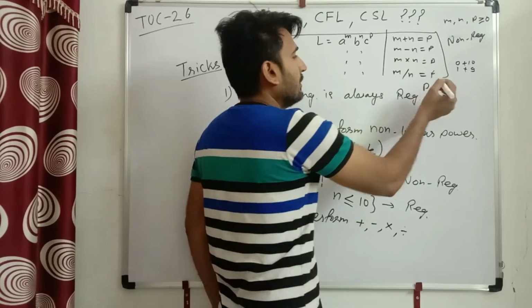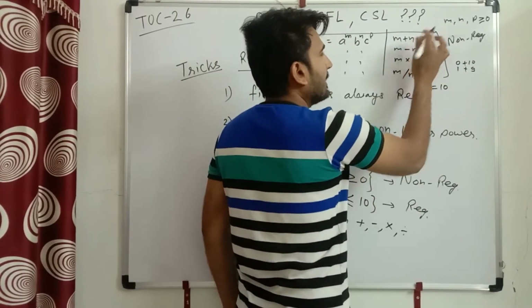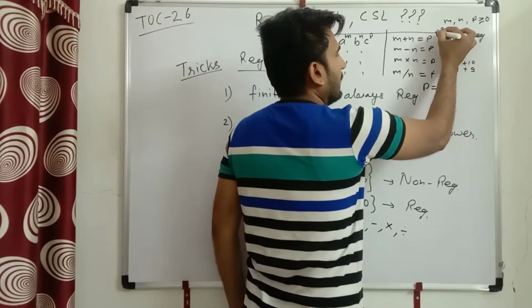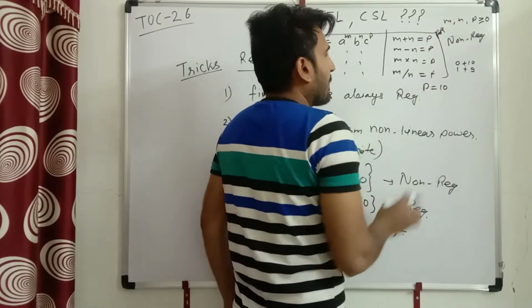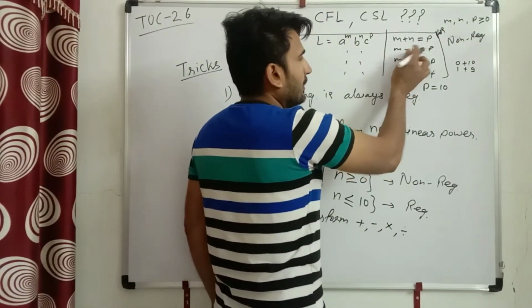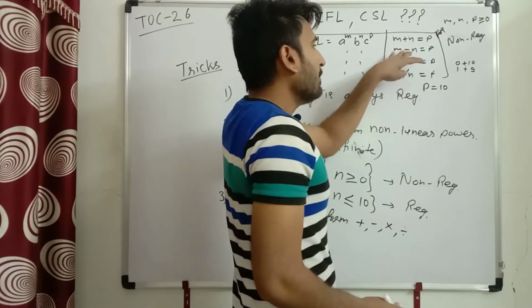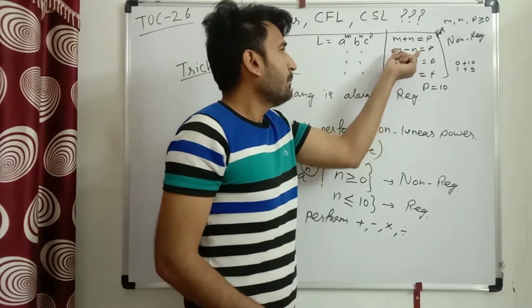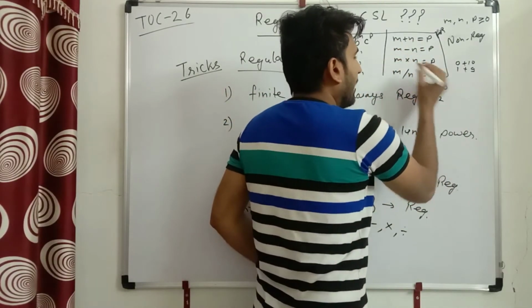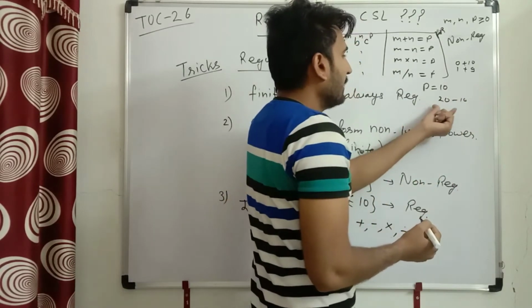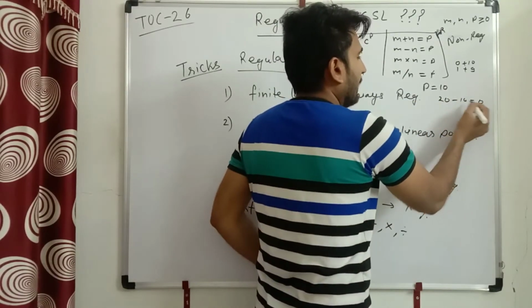So if p equals 10, it is regular. Now take m minus n. If we put m as 20 and n as 10, it gives 10.